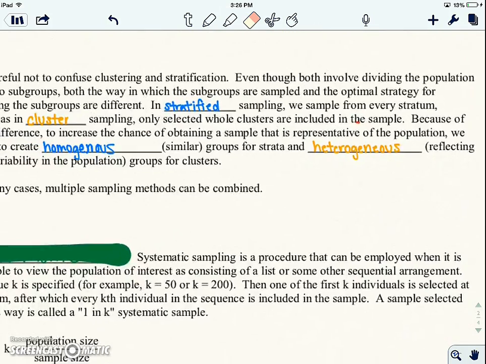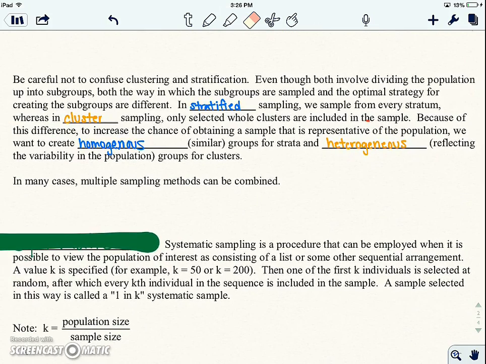Because of this difference, to increase the chance of attaining a sample that is representative of the population, we want to create homogeneous groups for strata and heterogeneous groups for clusters. In many cases, multiple sampling methods can be combined. We call this multi-stage, where they do strata and then a cluster inside the strata, etc.